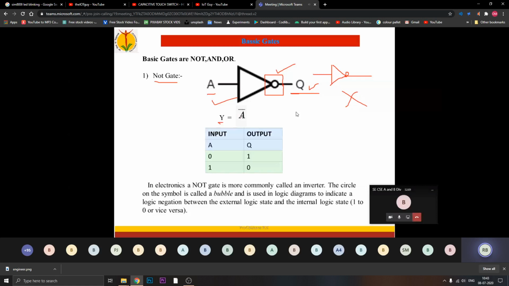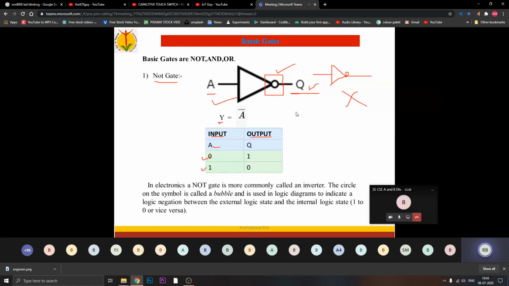The first column indicates the input and the second column indicates the output. It has only one input, so the possible combination of input is either 0 or 1. In digital, we can assign the input either 0 or 1, with nothing in between.